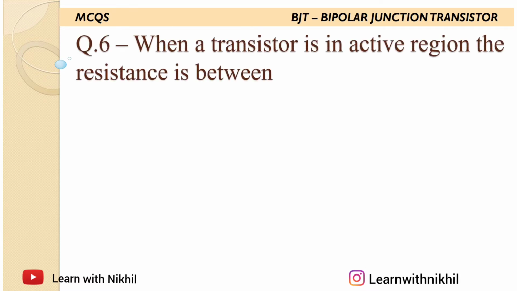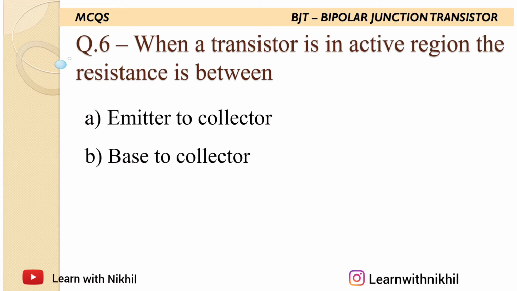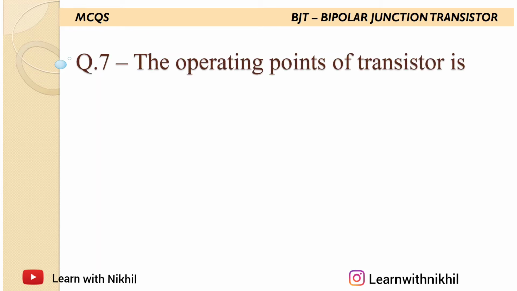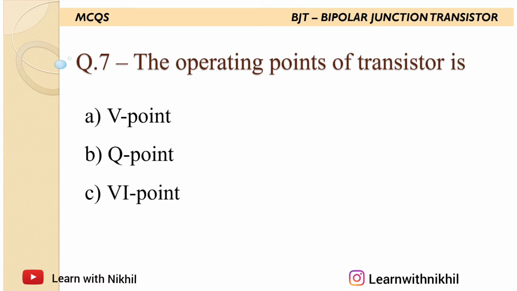Next question. When a transistor is in active region, the resistance is between A, emitter to collector; B, base to collector; C, emitter to base; or D, collector to base. And the answer is base to collector. Next question. The operating point of a transistor is A, V point; B, Q point; C, VI point; or D, I point.